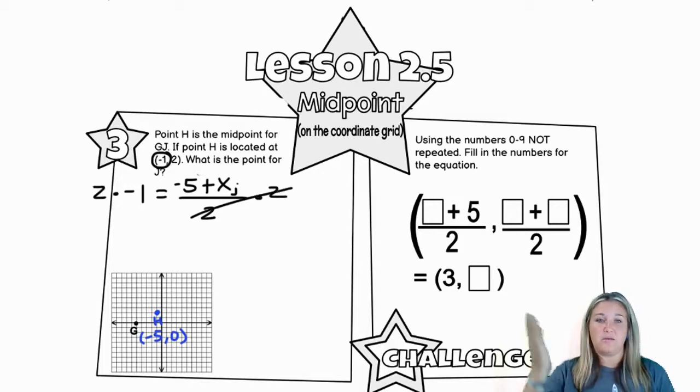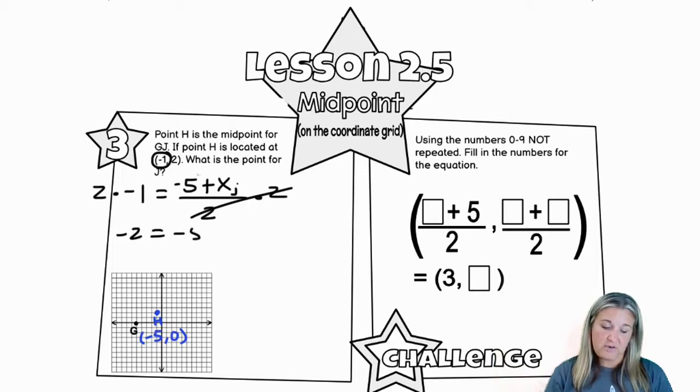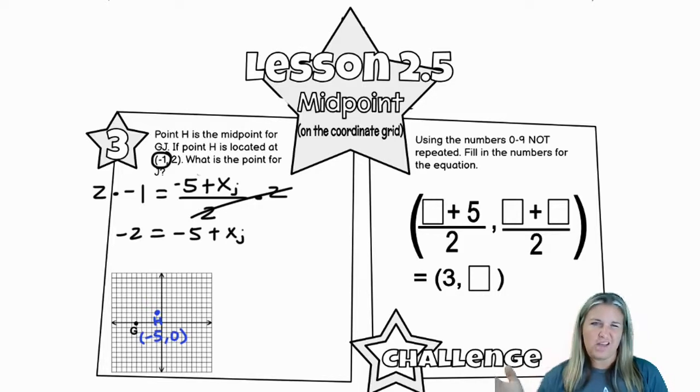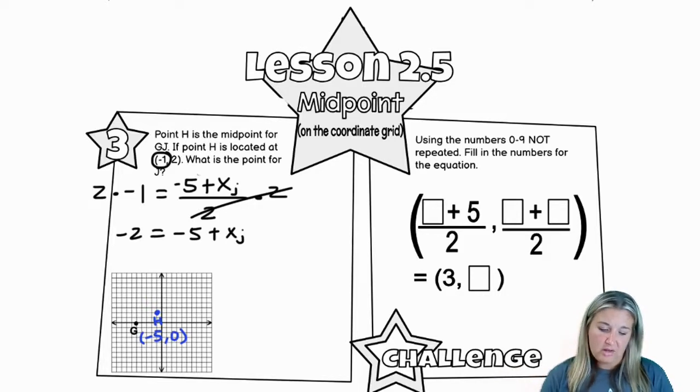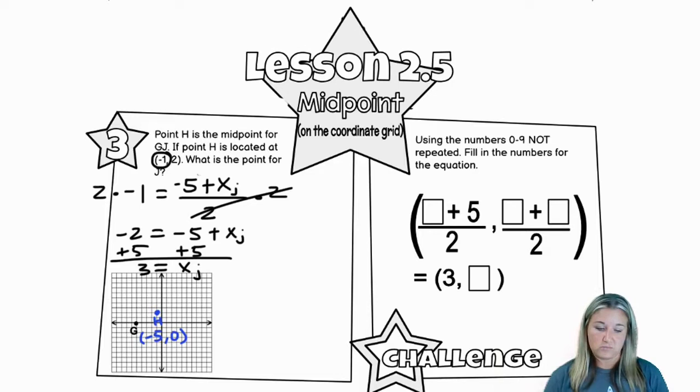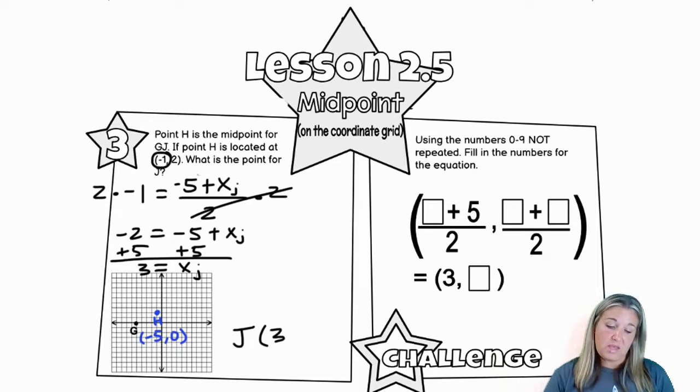That goes away. Bye, see you 2. So now I have negative 2 is equal to negative 5 plus x sub j. If you want to use that, you can, or you can drop that now. And then I'll add 5 to both sides. And so 3 is equal to my x coordinate for J. All right, so J is going to be located at 3, comma.